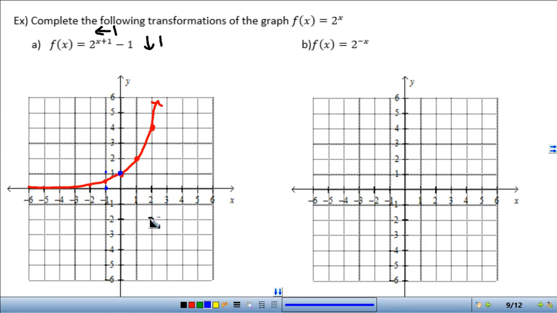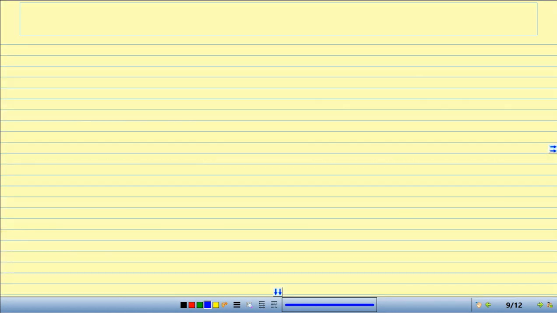Left 1, down 1. So my new exponential function looks like that.